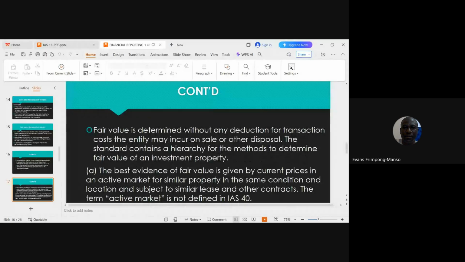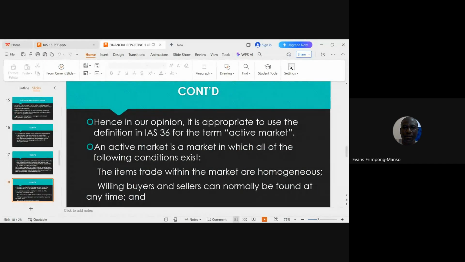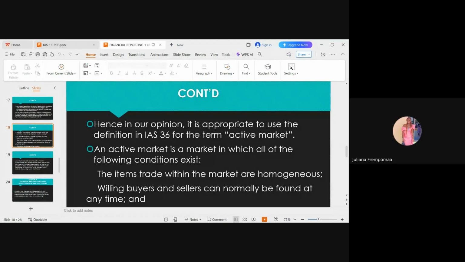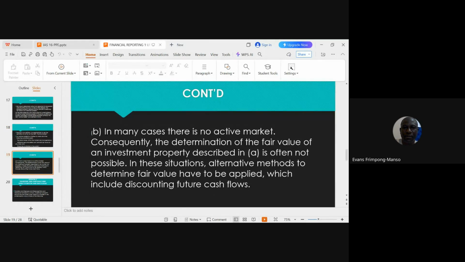Because I asked you to do IFRS 13, which is basically on the fair value, you learned. Let me ask you, did you see active market when I gave you the assignment? Did you meet active market? Yes. You met active market, right? Yes, sir.